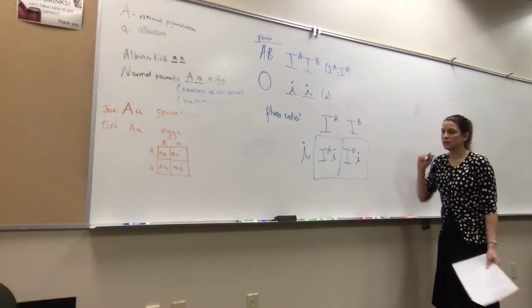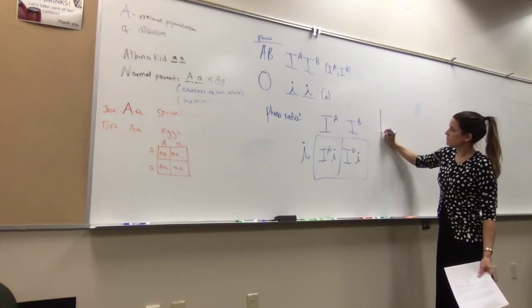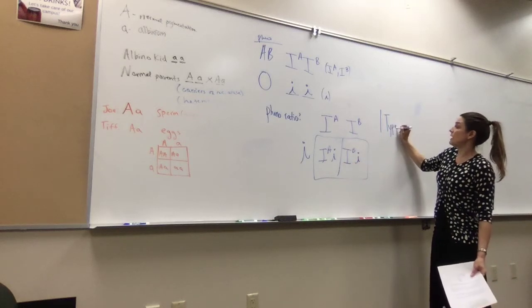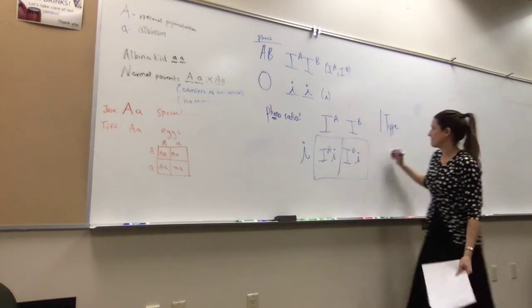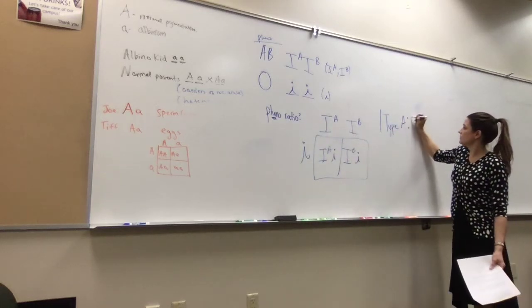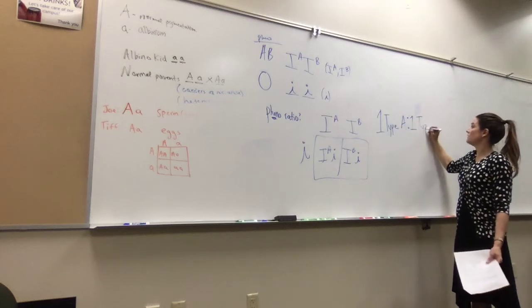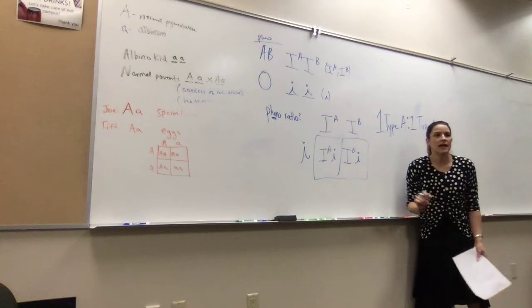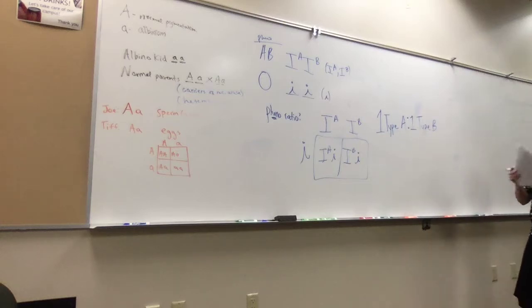So what's the ratio of phenotypes here? One type A, one type B. And I could very well ask you, what are the genotypic ratios? And then you go 1 IA little i, 1 IB little i. So those are the 2 options. You have A babies and B babies.